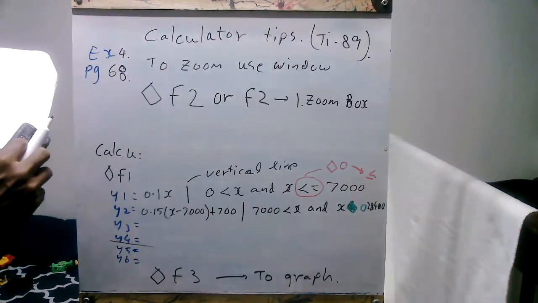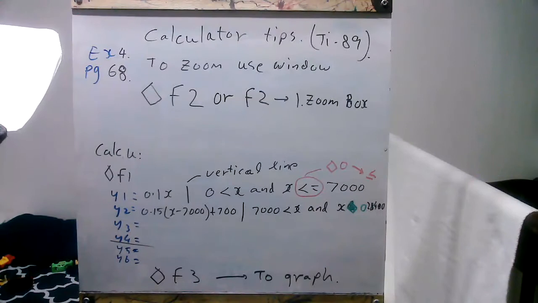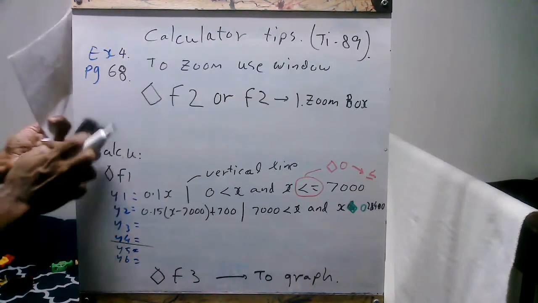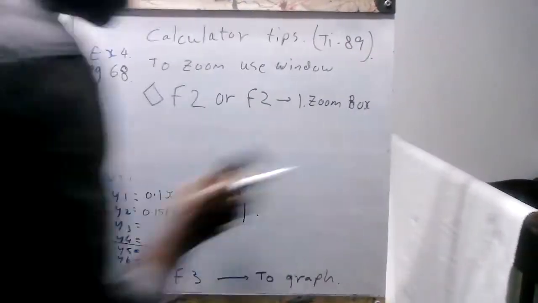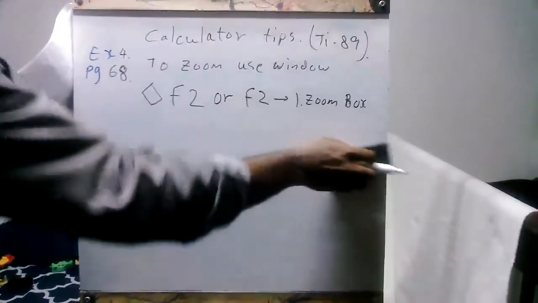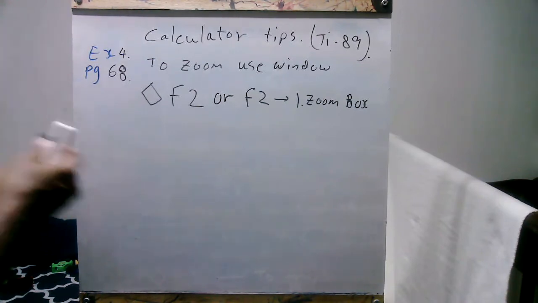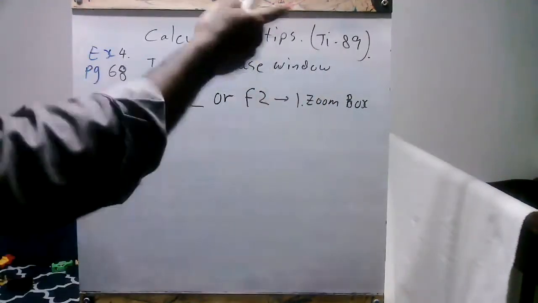Once you do that, you can adjust x minimum, x maximum, y minimum, y maximum values. For this particular example, give a big value for x maximum, because the x values were pretty big.